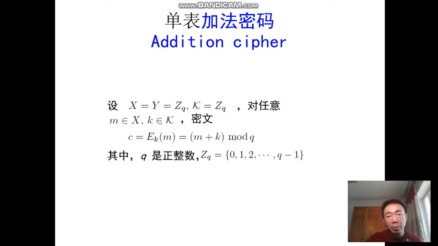Can someone answer this question? Yes, letter Z corresponds to 25. So you should remember, from letter A to letter Z, there are totally 26 letters. They correspond to 0 to 25, not 1 to 26.